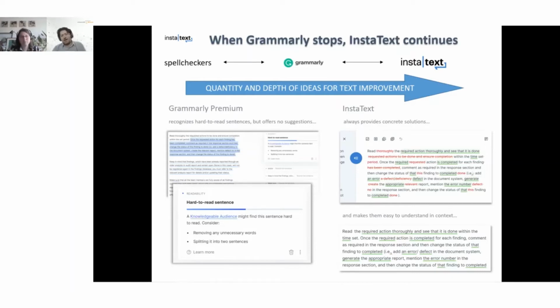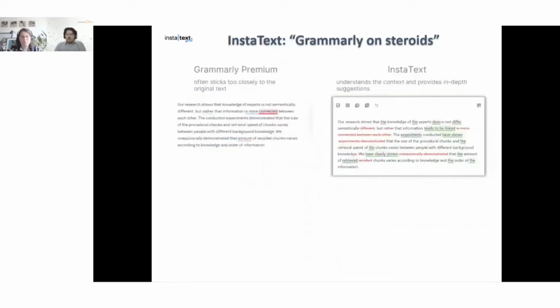Yes, it corrects grammar and spelling, but much more, because it goes into style and improves it the way we've never seen before. For example, why do they call it Grammarly on steroids? Perhaps you remember the earlier example I showed you, where the text is more connected. This is a typical text that Grammarly wouldn't correct.